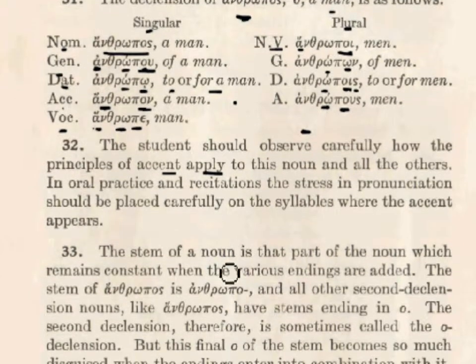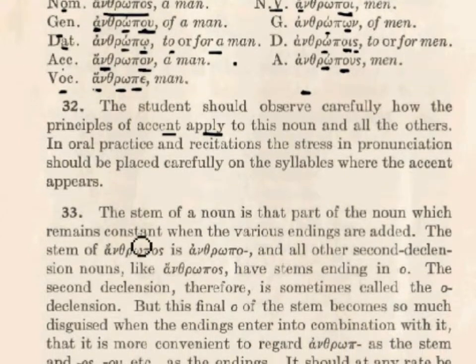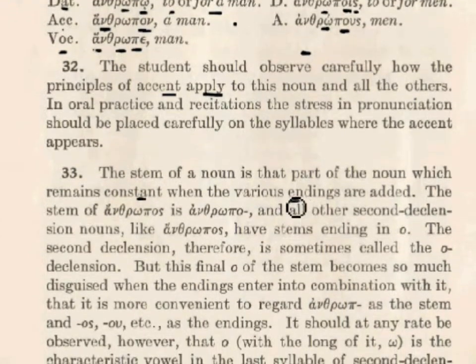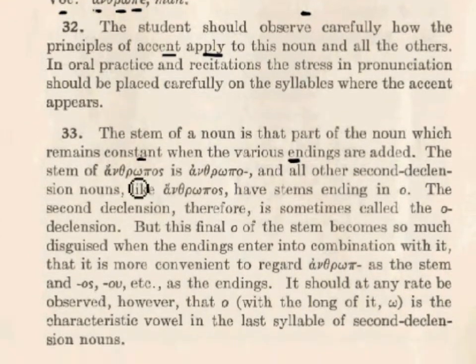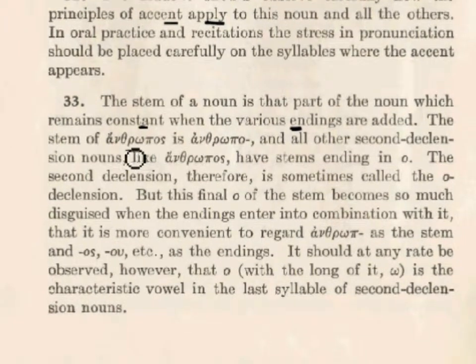Notice that he says the stem of a noun is that part of the noun which remains constant as various endings are added. So as we've seen above, the stem of anthropos is anthropo, and the other endings are attached to it, such as the sigma right here. He notes here, as a practical matter, it's more convenient to simply learn the endings as os, ou, on, and so on, and I think that's probably the safest way to do it.